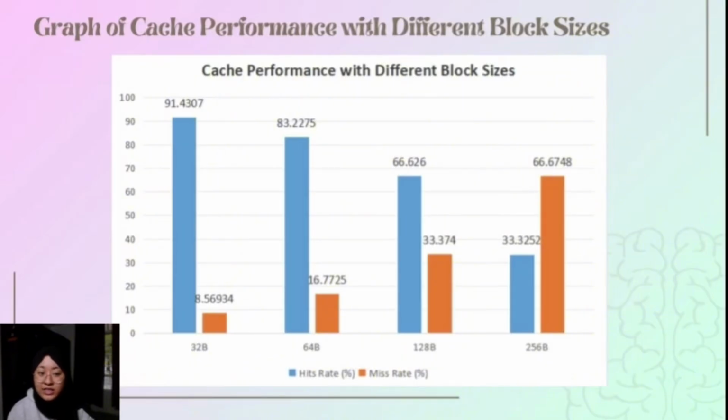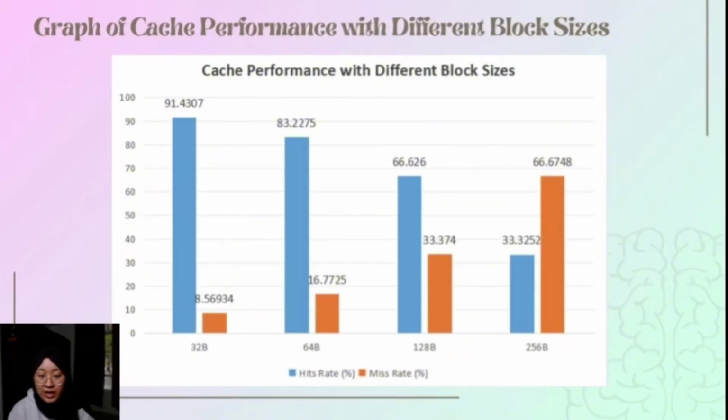The cache hit rate decreases significantly from 91.43% at 32 bytes to 33.33% at a 256 byte block size. This trend occurs because smaller block sizes allow more cache blocks, leading to better data distribution and fewer conflict misses, which is ideal for a workload with random or small memory accesses.